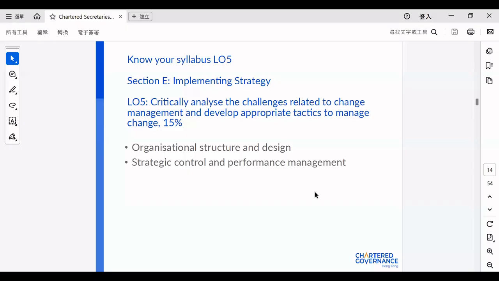So it's about organization structure, organization design, and the performance management. So that you are implementing the thing, you would see what are the challenges. Oh, so that's this. Sorry, I got it wrong. So this is not about change management.